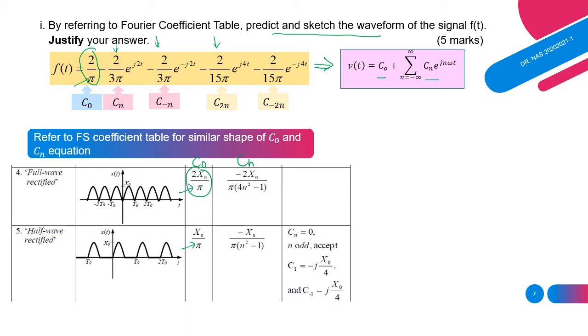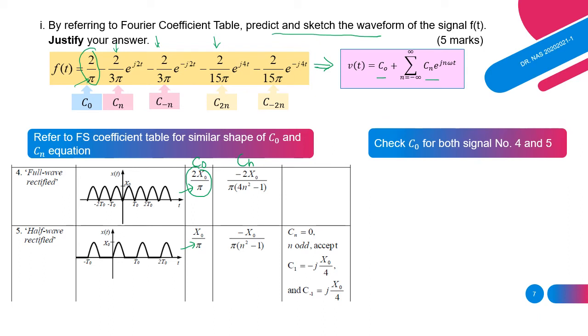From here you can calculate x0. You need to check the C0 and x0 for both signal number 4 and signal number 5.